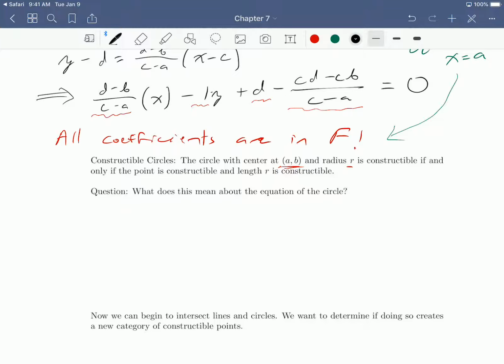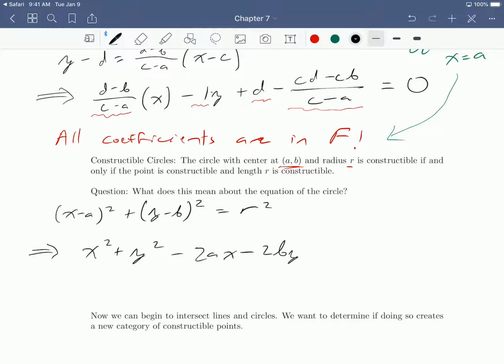The circle with center (a, b) and radius r is (x minus a) squared plus (y minus b) squared equals r squared. Solving so it's all set equal to 0, we get x squared plus y squared, minus 2ax, minus 2by, plus a squared plus b squared minus r squared, equals 0.